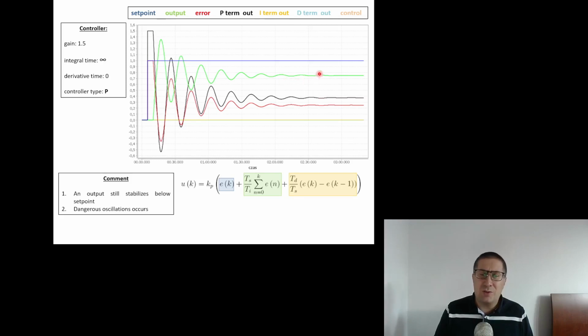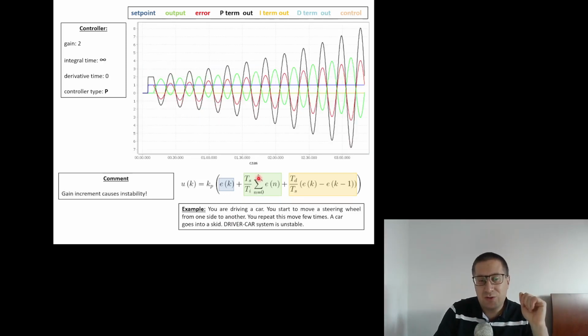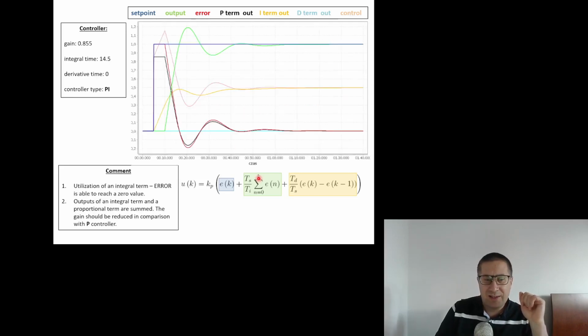Not enough energy to reach the set point. So we should increase the value of the gain of the integral term, and in fact we should have the PI controller, the controller that has this integral term. Let's take a look at how it works.